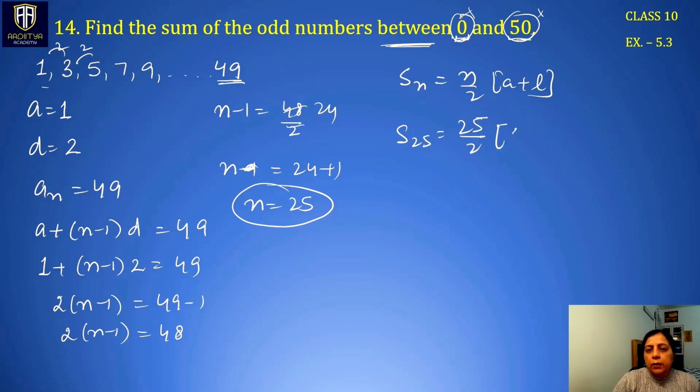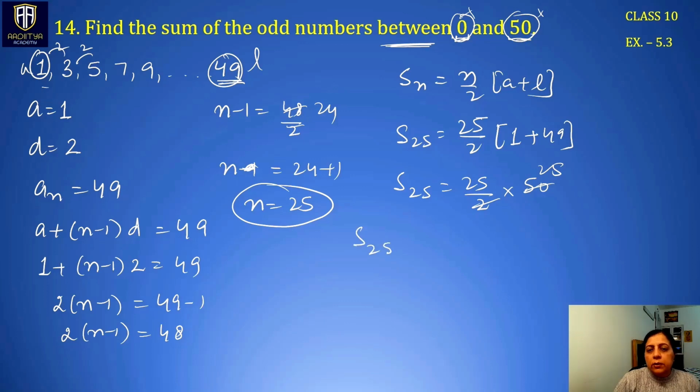The first term is 1, the last term is 49, this is your A and this is your L. So the sum of these 25 terms becomes 25 by 2 multiplied by 50. So S25 is 25 times 25, which is 625.